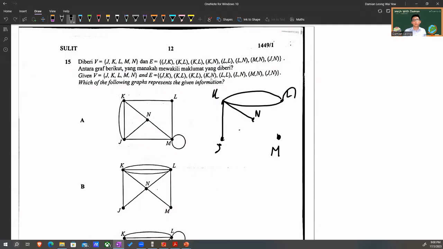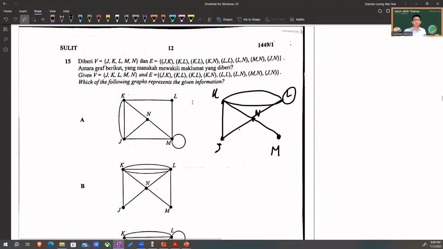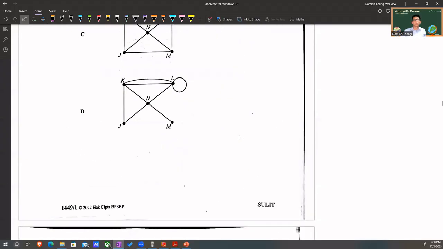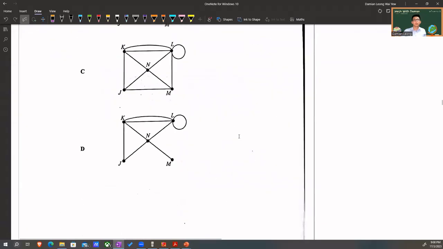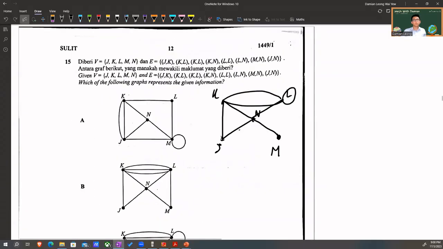LL, a loop on L. MN, LN, JN. Yeah, like this. So I compare. The one that looks like this is D. So answer D. Okay.